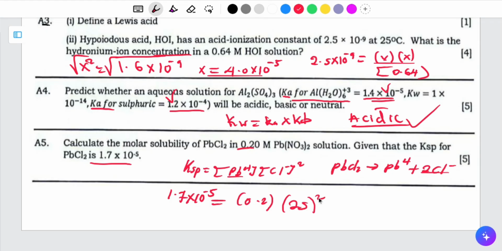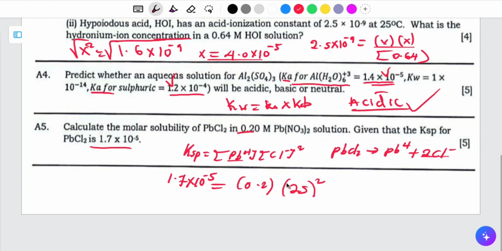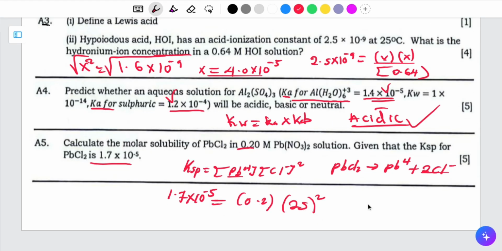From there, we are going to have 1.7 multiplied by 10 to the power negative 5, which is going to be equal to 0.2, so let me write 0.2 here, because it's more like I'm dividing. Before I divide, what else can we do here?